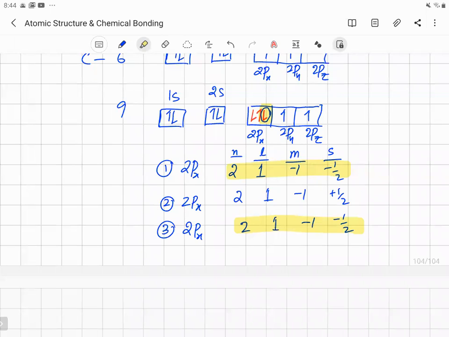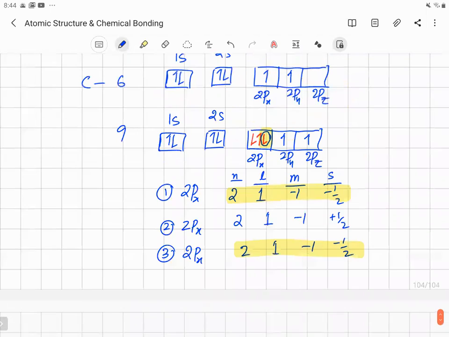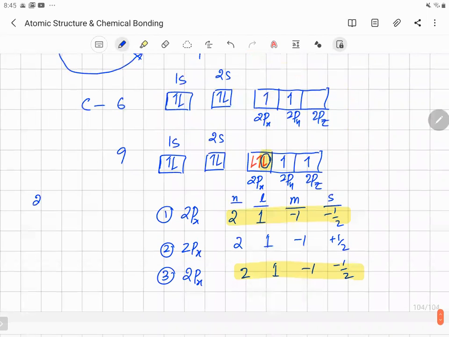Also, 2p contains 3 orbitals. What are those 3 orbitals? 2px is one orbital, 2py is another orbital, 2pz is the third orbital. So according to Pauli's exclusion principle, 2px can accommodate only 2 electrons, 2py only 2 electrons, and 2pz only 2 electrons.